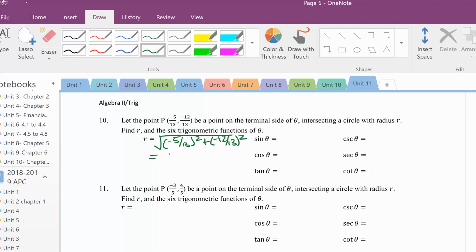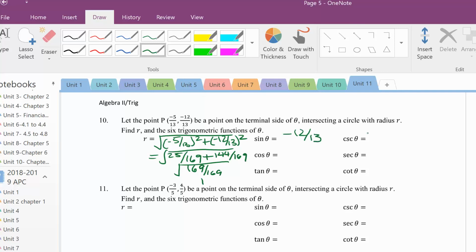And that's equal to 25/169 plus 144/169, which is 169/169, which is the square root of 1, which is 1. So r is 1, which means when you go y over r, it's just going to be -12/13.